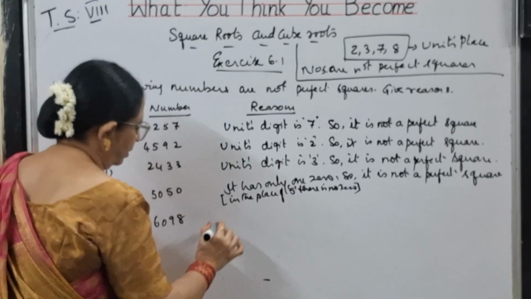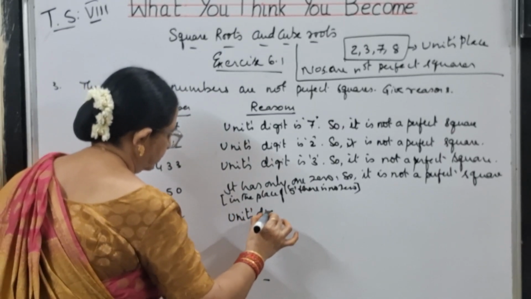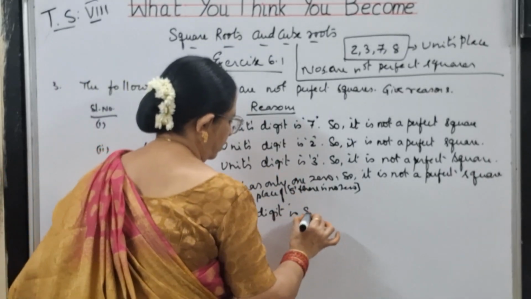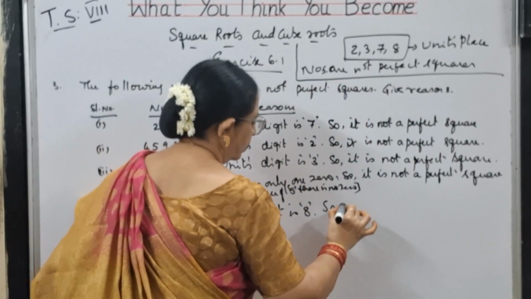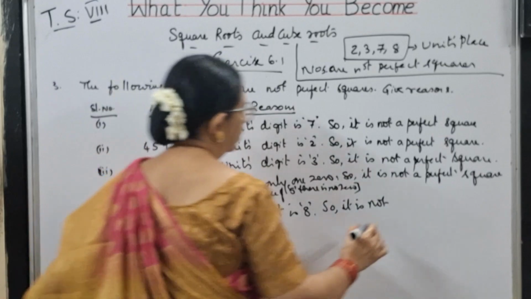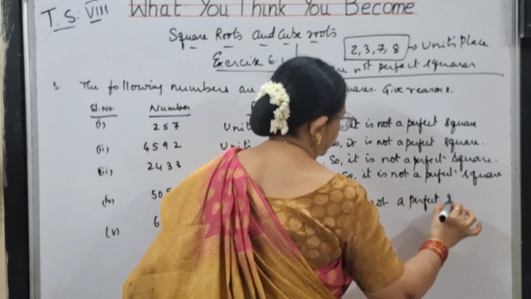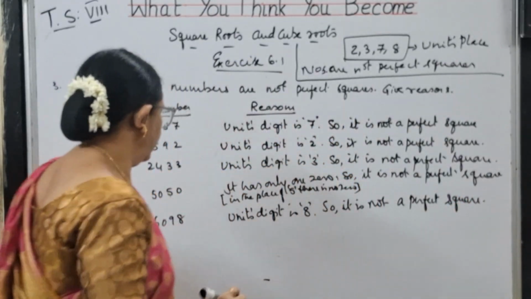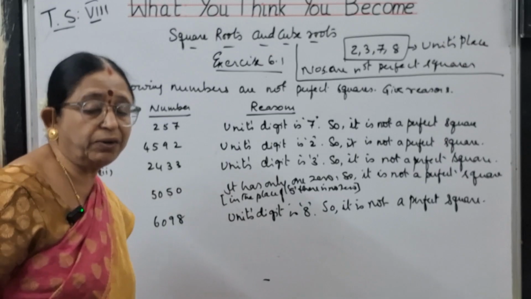Here the units digit is 8, so it is not a perfect square.